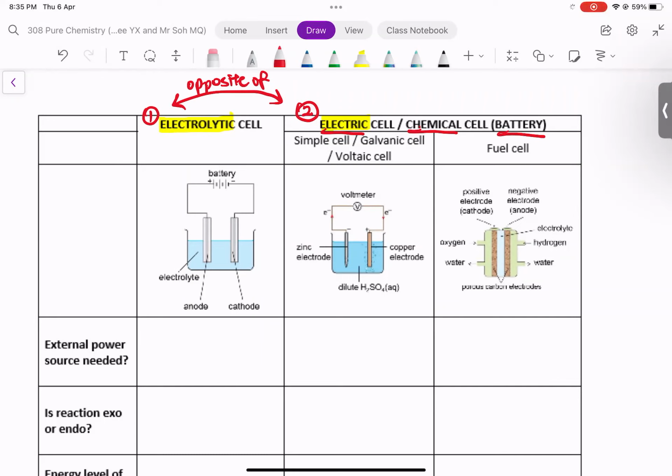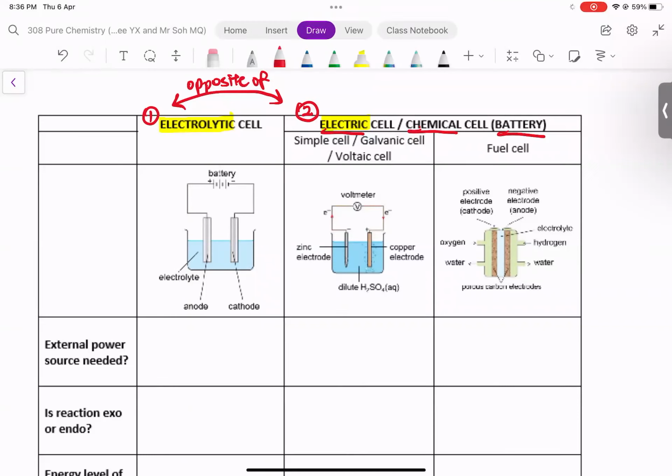Now, the complication here is if you were to do a quick search online, your electric cells can be further subdivided into many different types. If you do a quick search online, you will realize that electric cells can also be called simple cells, galvanic cells, voltaic cells.